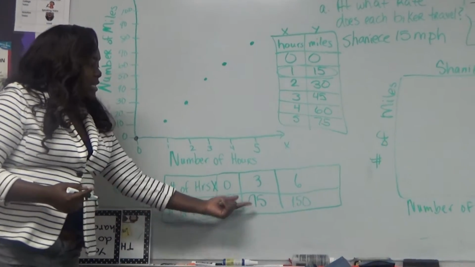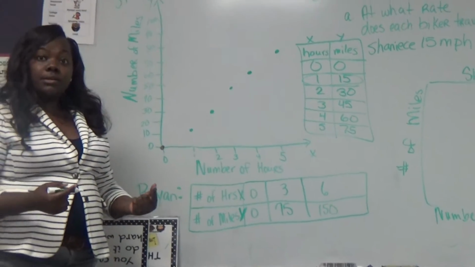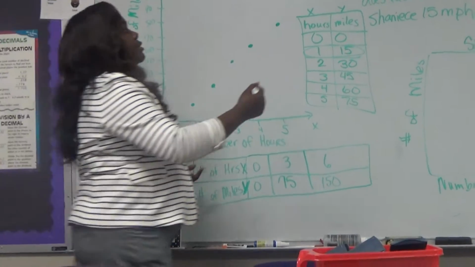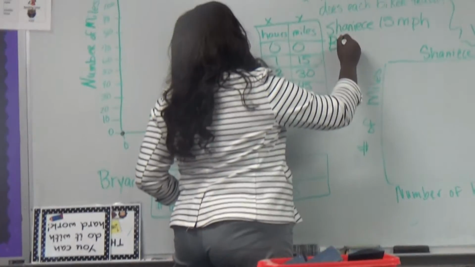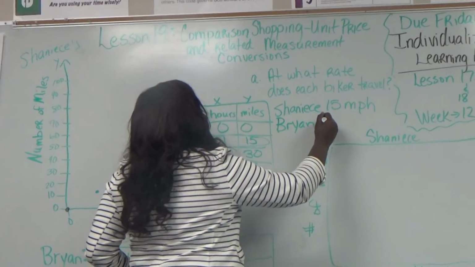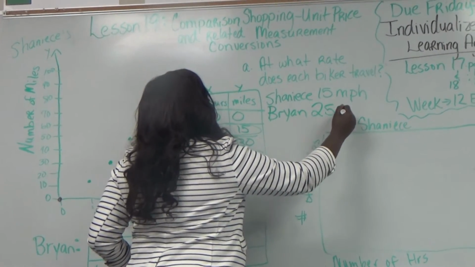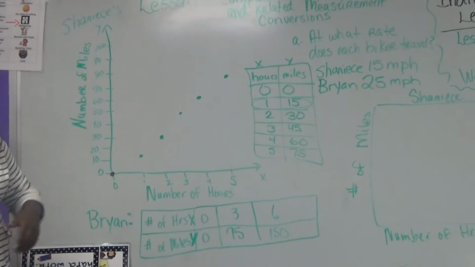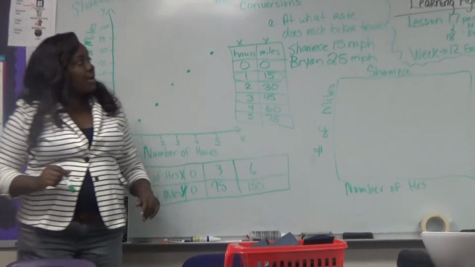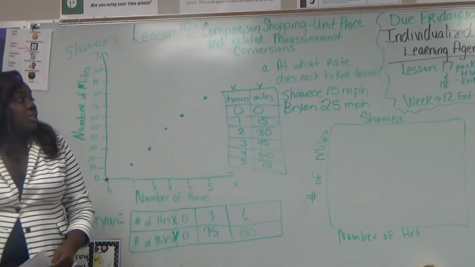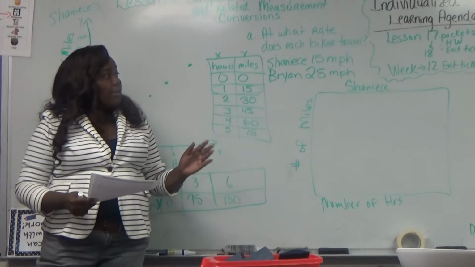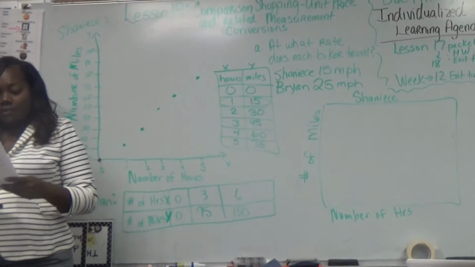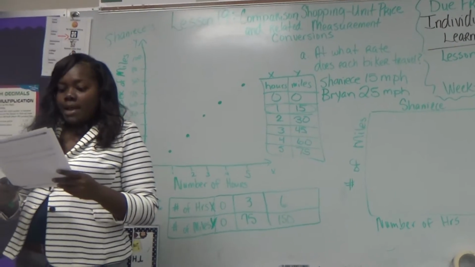So what this means is that Brian is going 25 miles per hour. That tells you the answer to A, which asks at what rate does each biker travel. Shanice travels at 15 miles per hour. Brian travels at 25 miles per hour.